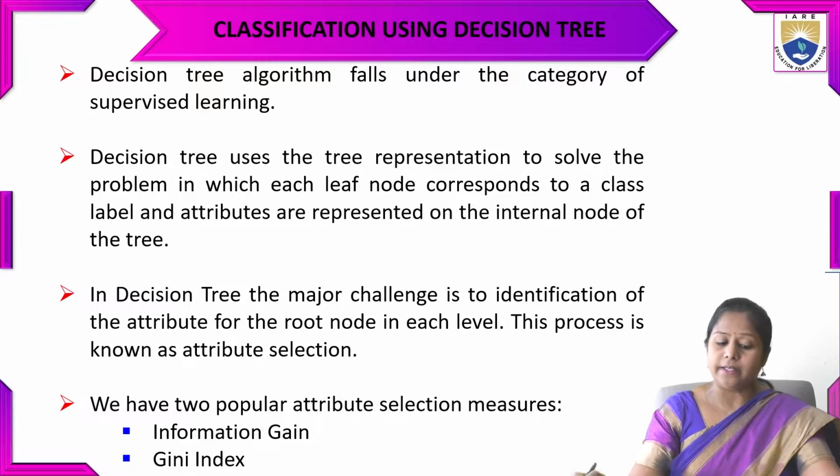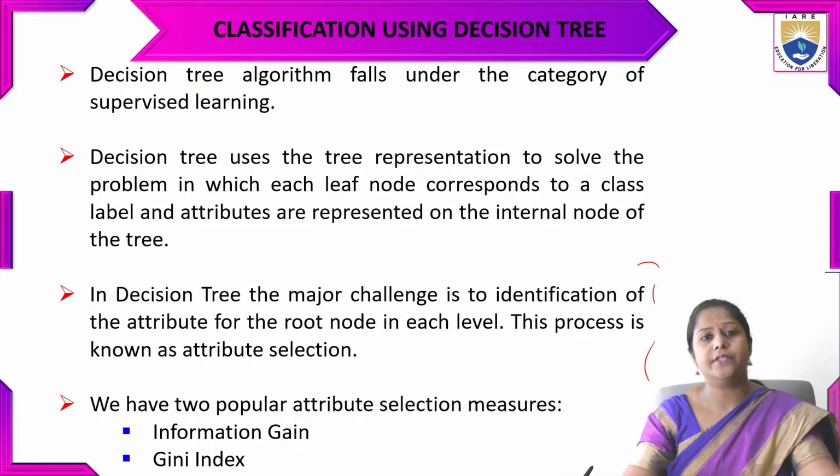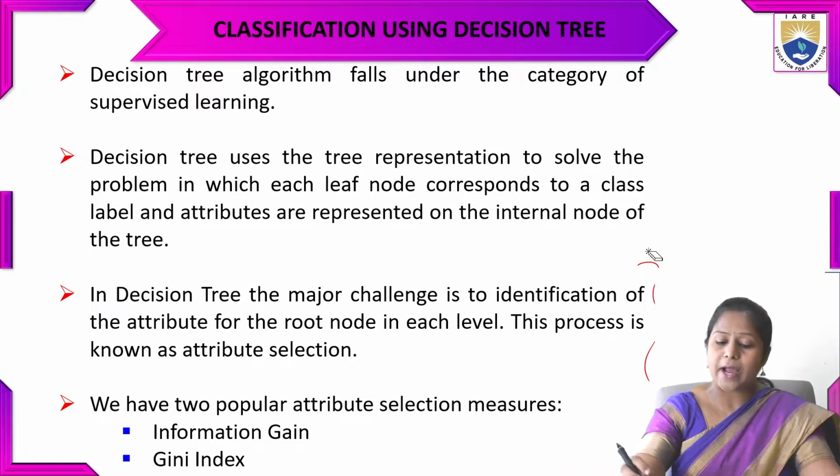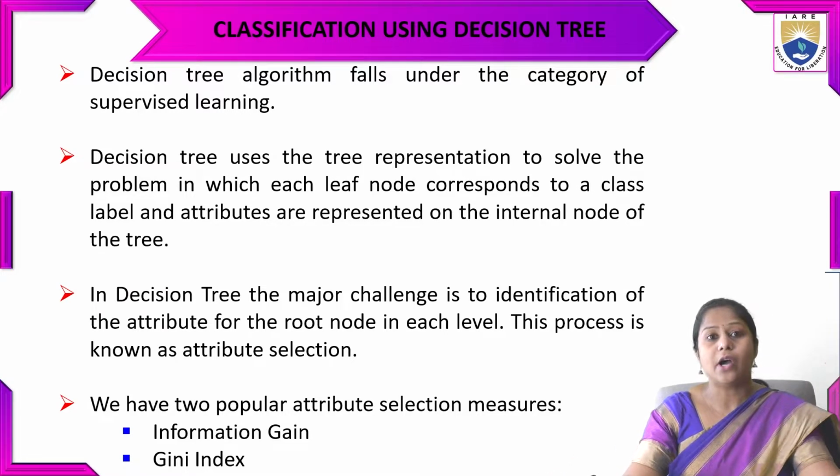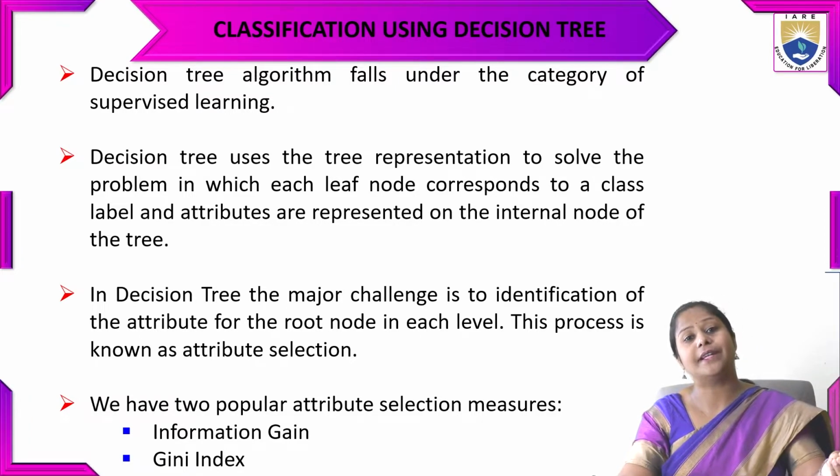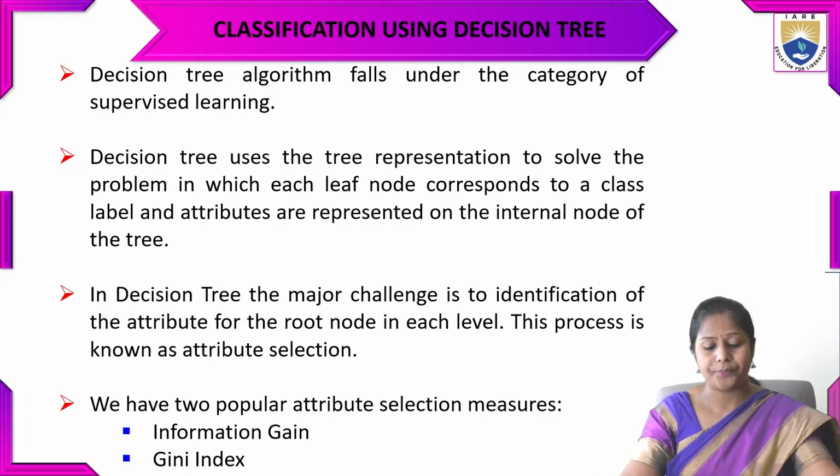In a decision tree, the major challenge is to identify the attribute of the root node. How to identify which class attribute should be the root node is the most challenging task.